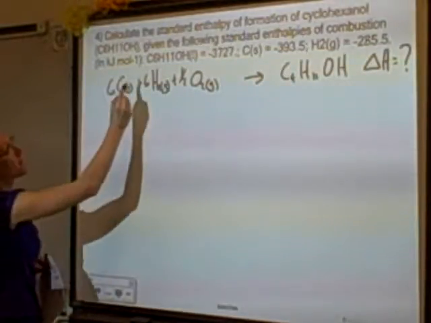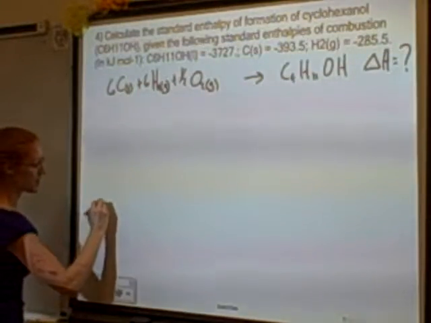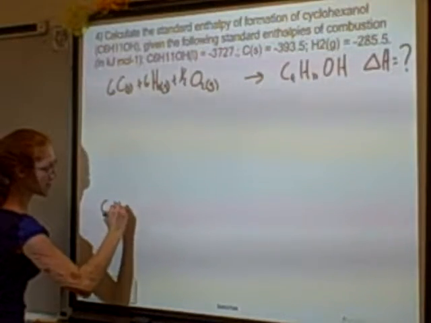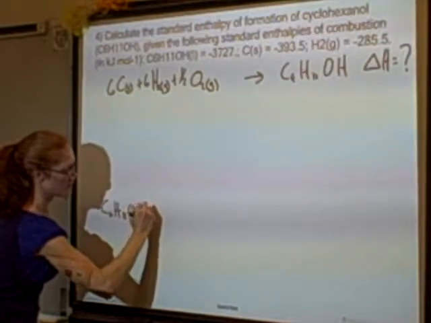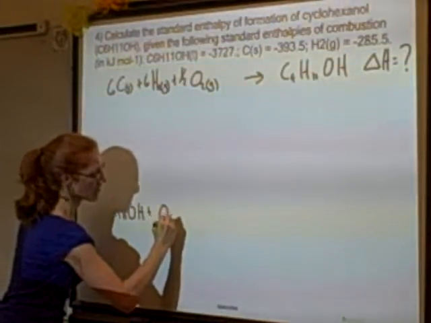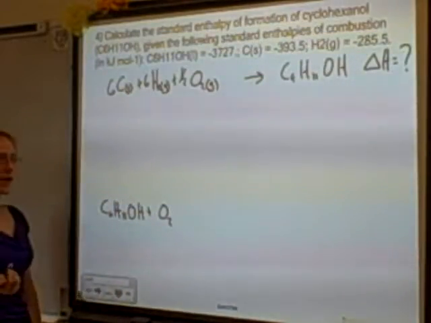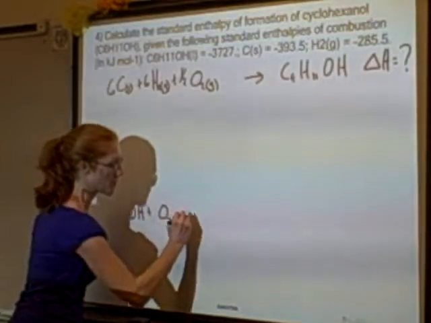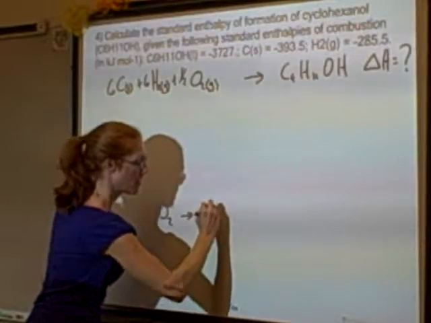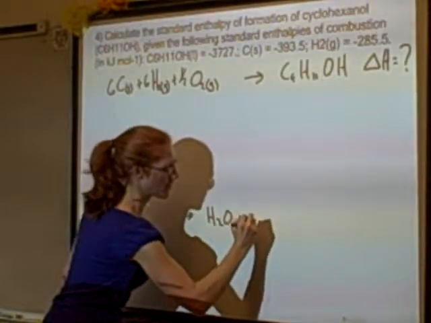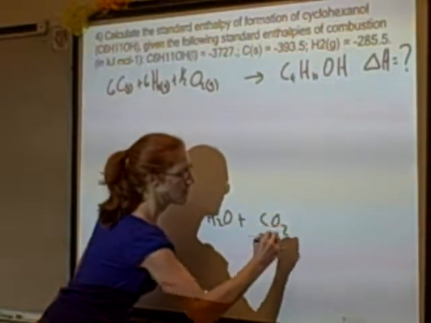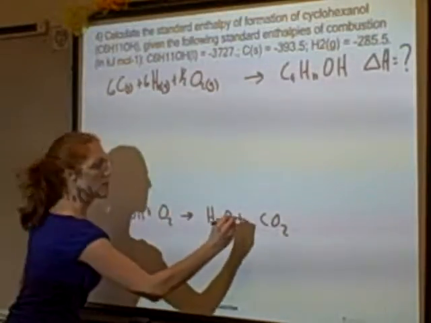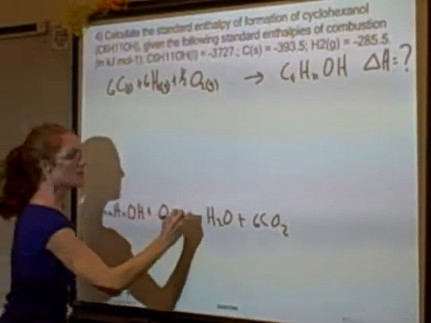So the first one I have is the combustion of the cyclohexanol. So combustion is reaction with oxygen. And when I have a hydrocarbon, carbon and hydrogen, and I react it with oxygen, I combust it, I'm always going to make water and carbon dioxide. Let's go ahead and balance that. There's 6 carbons, 12 hydrogens.